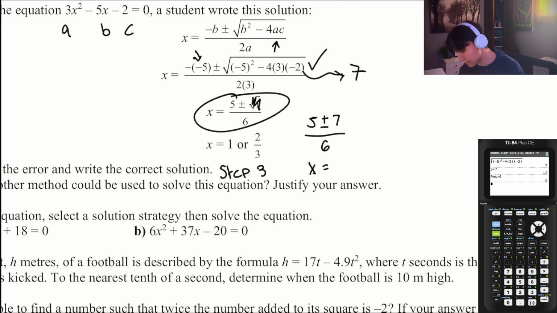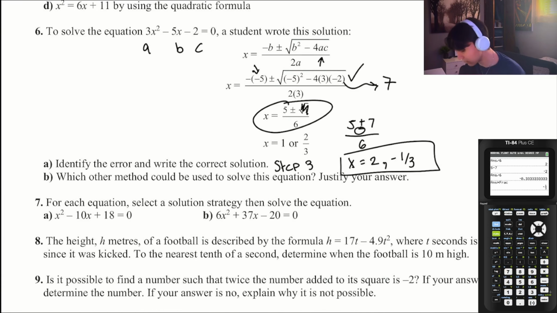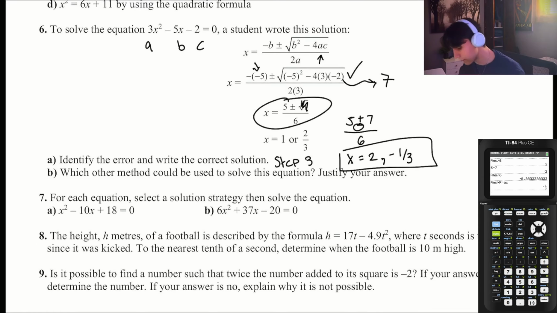So you're going to get x is equal to 2. Now we have to do the negative case. So 5 minus 7 over 6. And you're going to get -1 over 3. So those are going to be your correct answers. And step 3 is going to be the part where this person messed up.